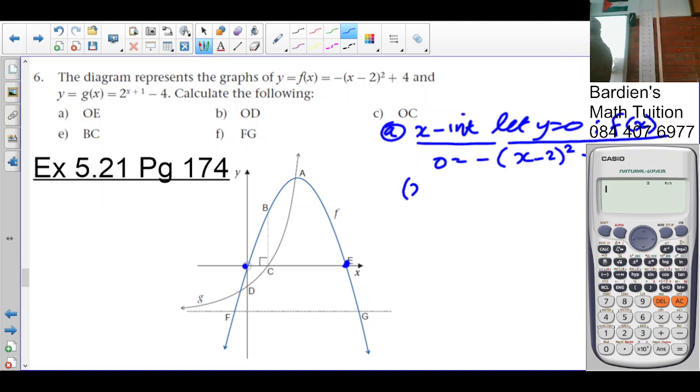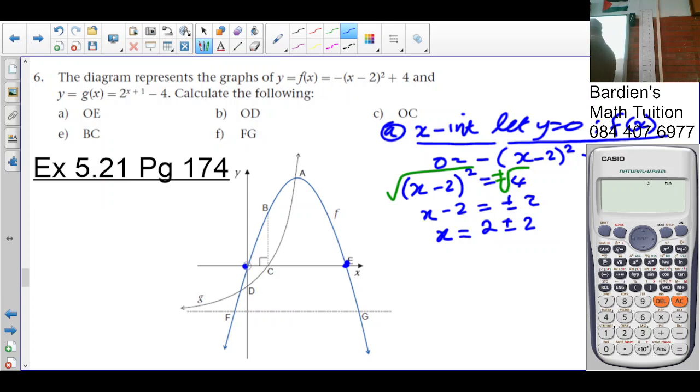If I get over the equal sign, x minus 2 squared is equal to 4. Introduce square root, what will I do? Add plus minus. So x minus 2 is equal to plus minus 2. If I get 2 over, x is equal to 2 plus minus 2. So x equal to 2 minus 2 is 0, or 2 plus 2 is 4. So the coordinate of E is 4, of course. Therefore the length of OE is going to be 4 units.